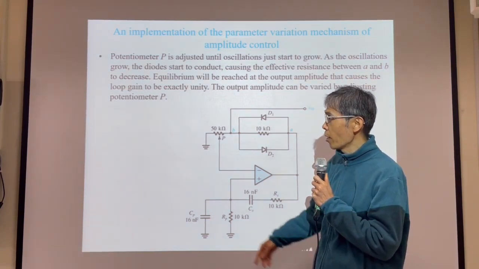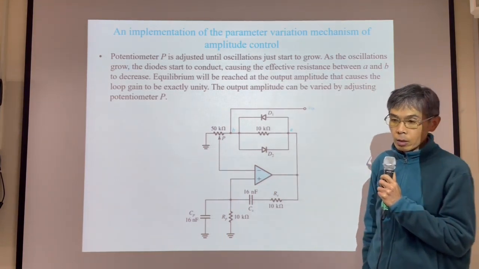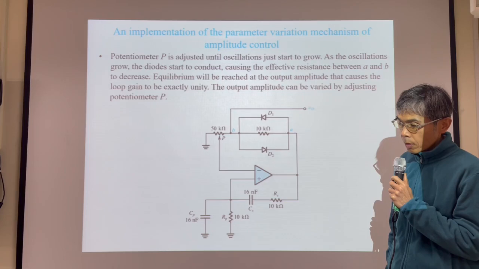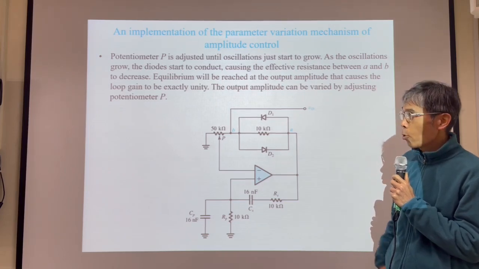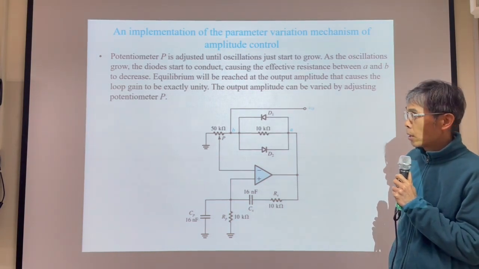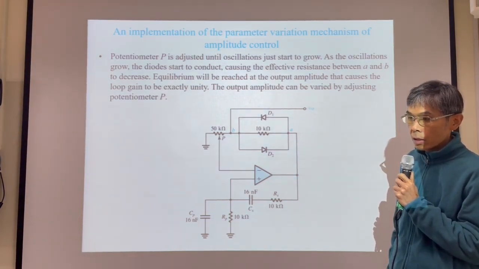Kumel, why loop gain should be 1? I need to balance this as well. Lai, why loop gain should be 1? Exactly, the input the same as output.